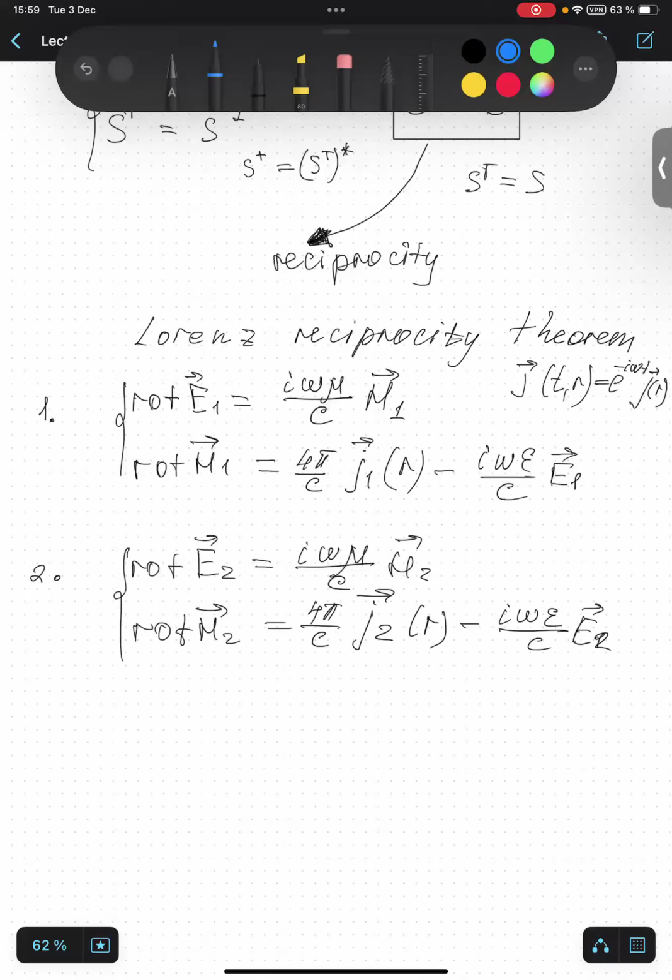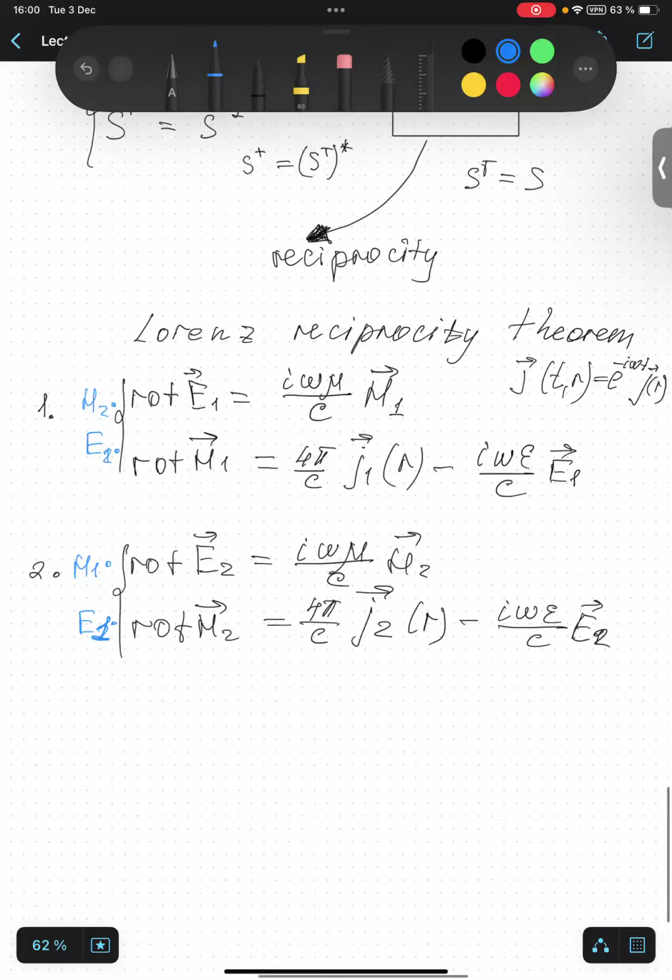So let's now just multiply this equation by H2, this one by E1, and this one by H1, and this one by E2.